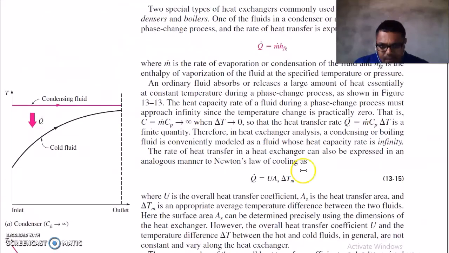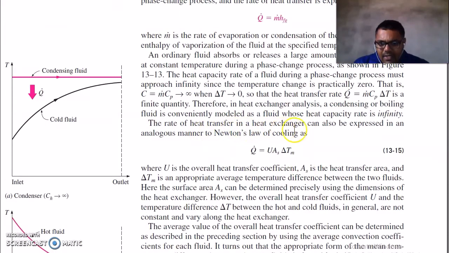The rate of heat transfer in a heat exchanger can be expressed in a manner analogous to Newton's law of cooling, which is Q equal to U A_s delta T_m, where U is the overall heat transfer coefficient, A is the heat transfer area, and delta T_m is the appropriate average temperature difference between the two fluids.